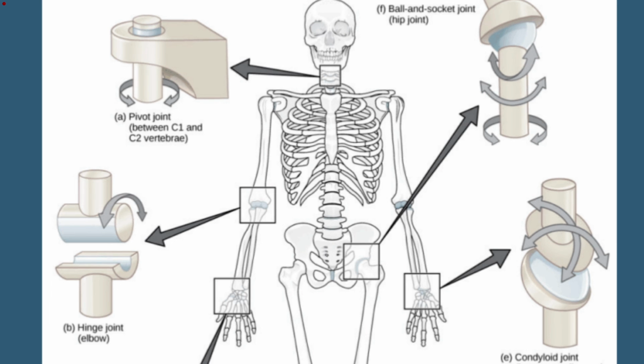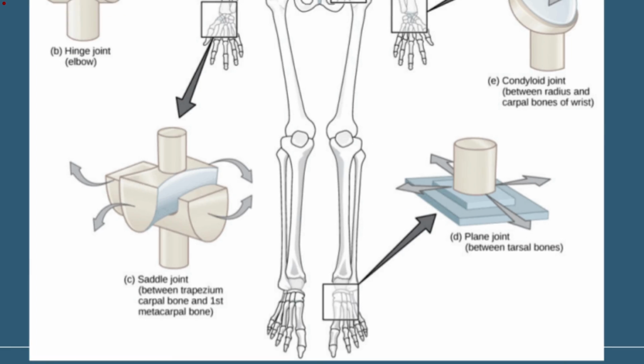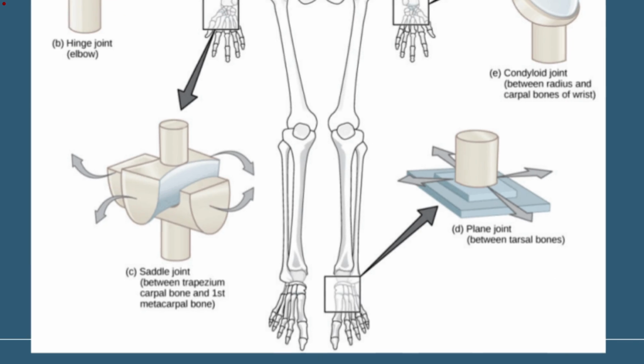Condyloid joints, the bones kind of slide across each other a little bit with maybe a little bit of flexibility. The joint between the radius and the carpals allow for that. And then planar joints are the other carpals and tarsals that kind of slide across each other.